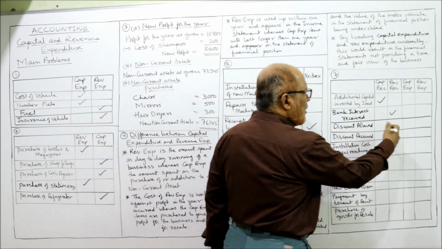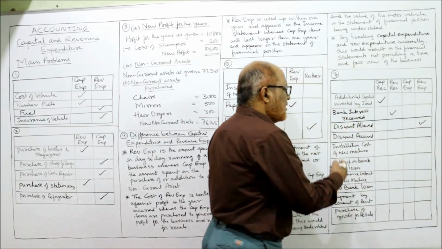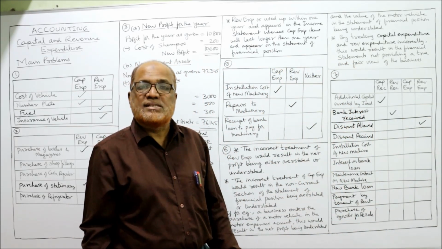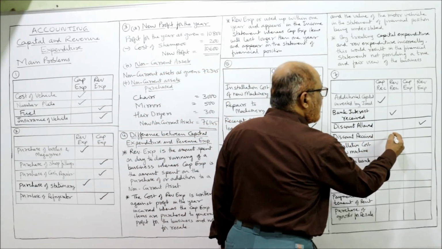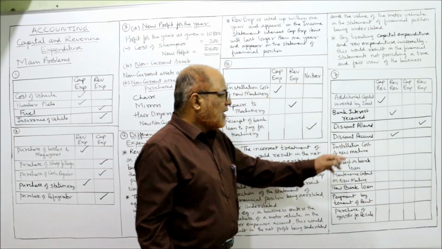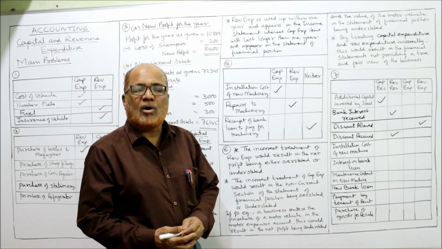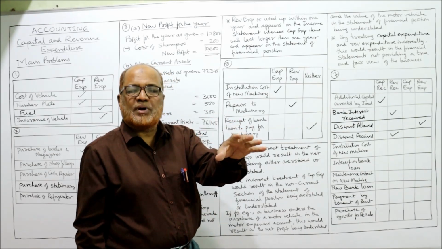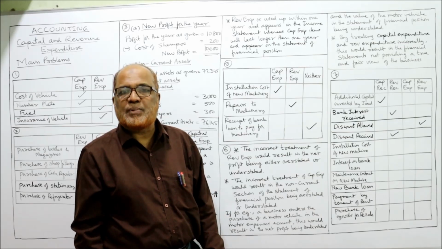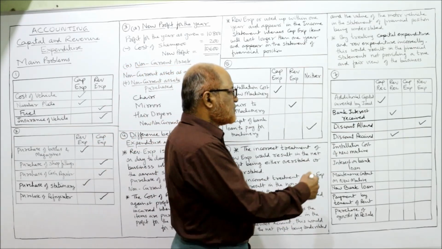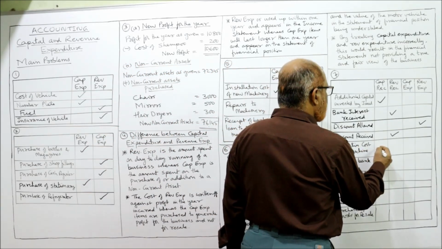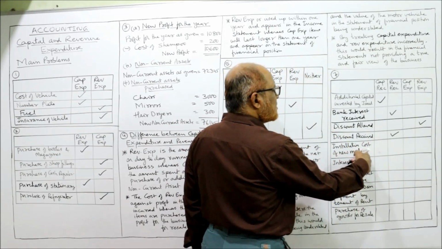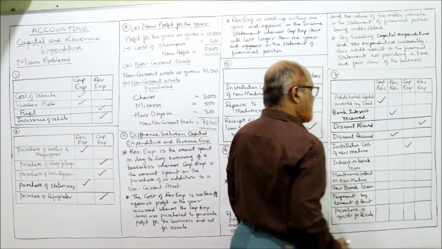Discount received is a revenue receipt. Installation cost of new machine: when a new machine is purchased, the installation cost is a capital expenditure. Already I told you in the previous one, installation is capital. So installation cost of new machine is a capital expenditure.